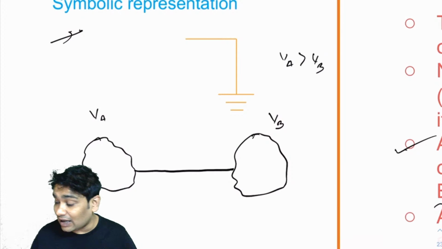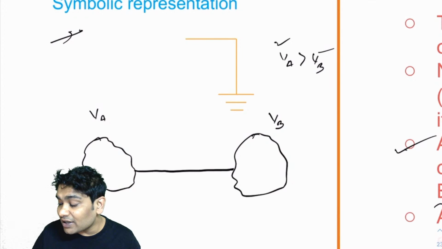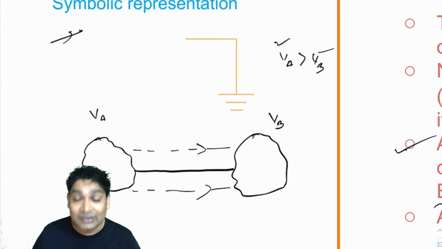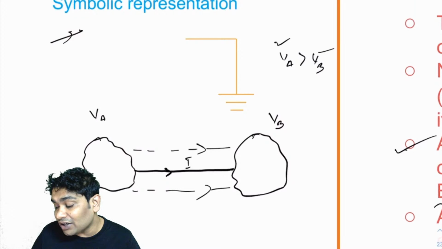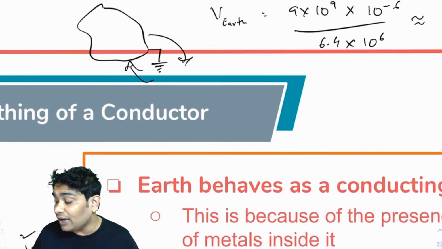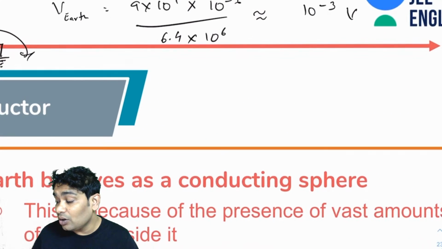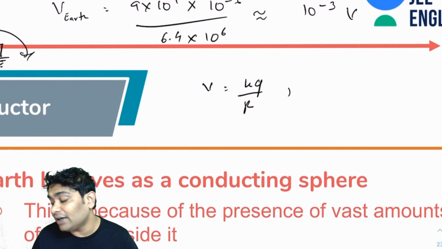So if this is at a higher potential than this, the electric field lines between them have to be in this direction. Now these electric field lines will cause, when you connect them with a wire, the wire to carry a current which will move charges from here to here. Now you realize the potential of any conductor, kq over r, is directly proportional to q.